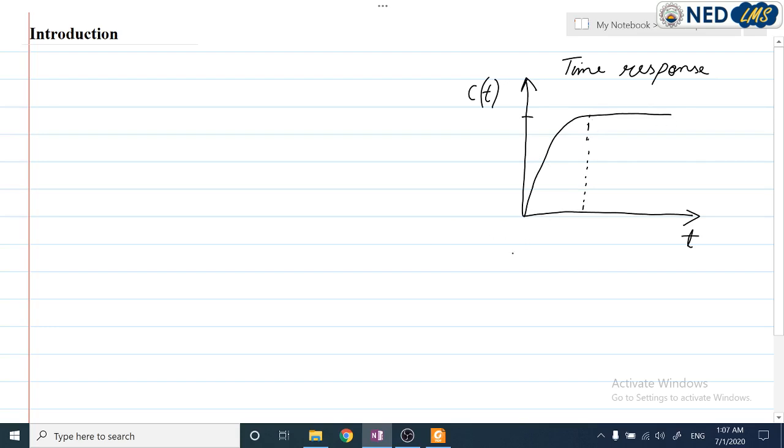So I can write it as the output response is the sum of the transient response and the steady state response, or the natural response or the forced response.